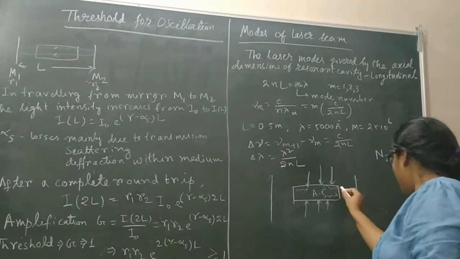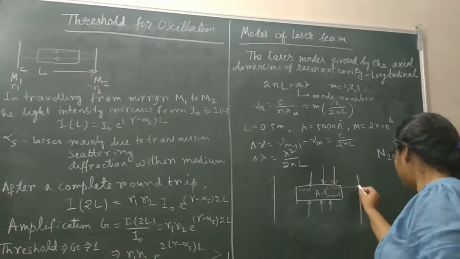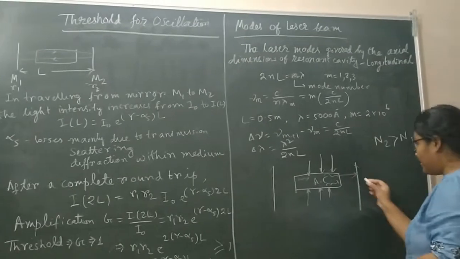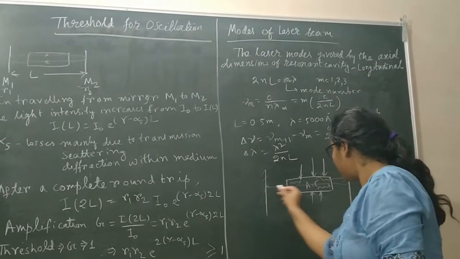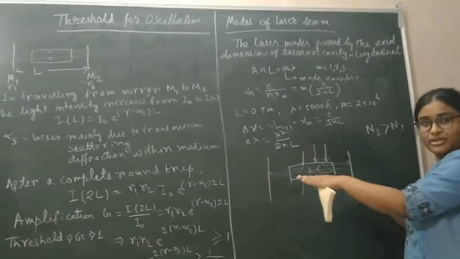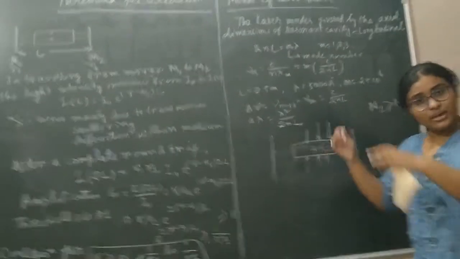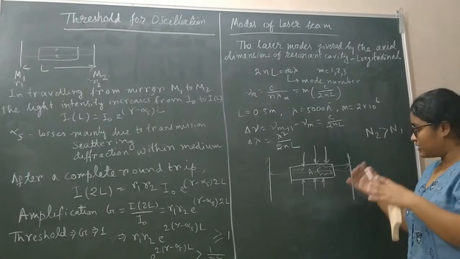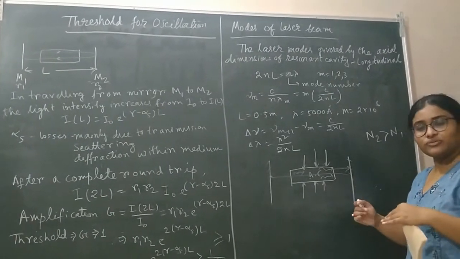It travels from this mirror up to the other mirror and comes back. After coming back through the active medium, it will stimulate some other atoms for the stimulated emission of radiation.